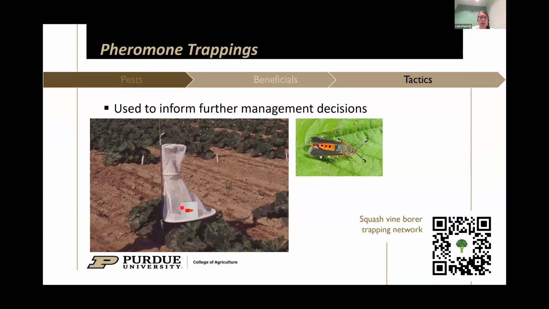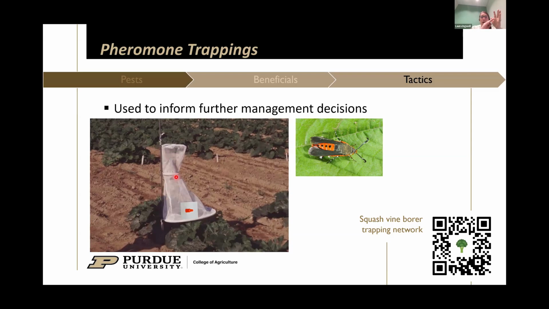And so you put that lure in the bottom of that trap, and male moths who are active on the landscape and looking to mate with female moths will find that scent and follow it to the source, get caught under that triangle shaped trap, and then they try to fly up to get away. And so they get caught in this collection basket at the top.